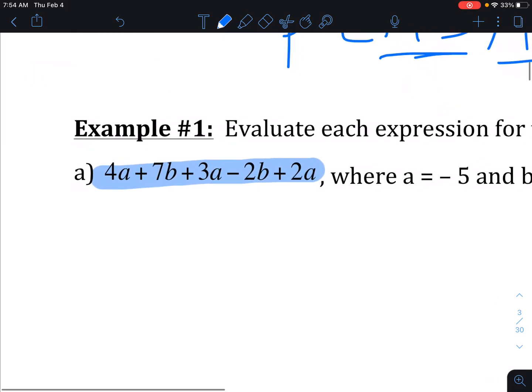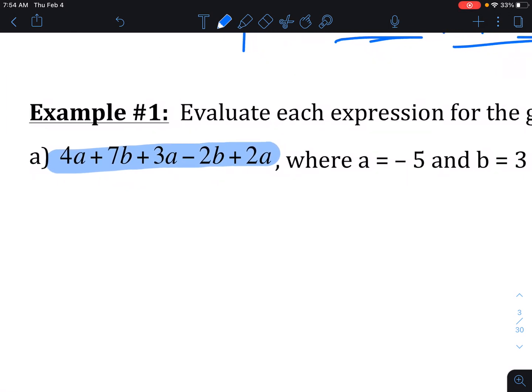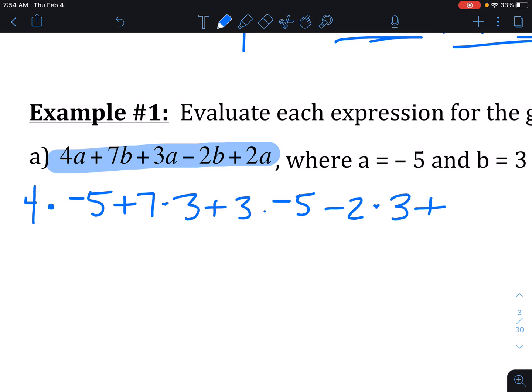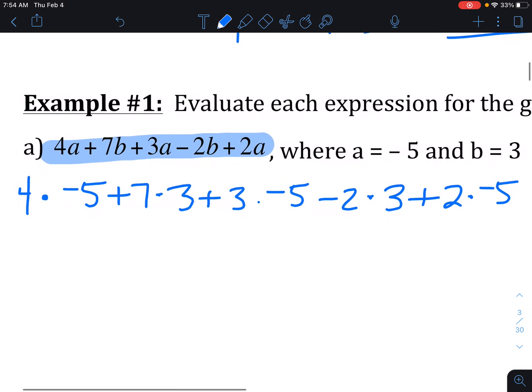So this would be 4 times A plus 7 times B plus 3 times A minus 2 times B plus 2 times A. So we don't have parentheses here. We don't have exponents either. So we're going to be doing multiplication from left to right. So we're going to do this first.